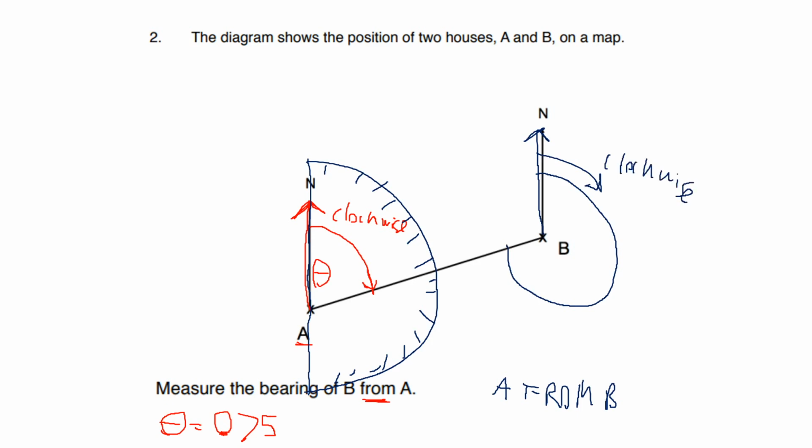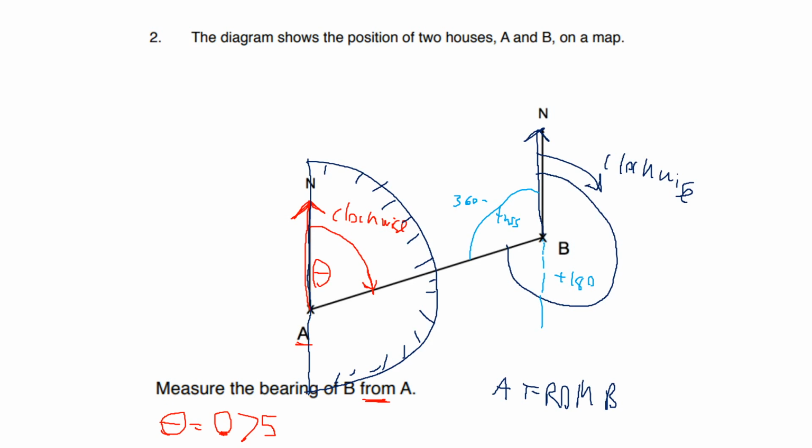And then we measure this angle here. There are 2 ways we can do it. We can either measure what this is and then subtract from 360. So 360 minus this. Or we measure what this is equal to and then we add 180.